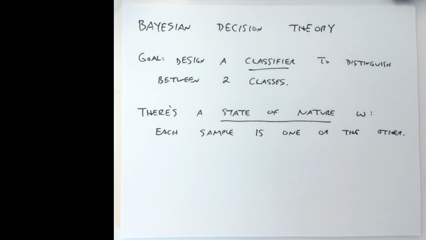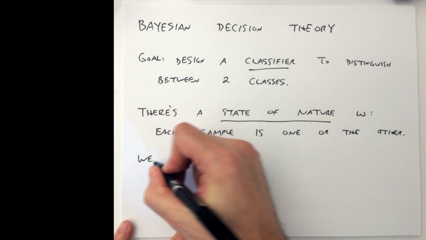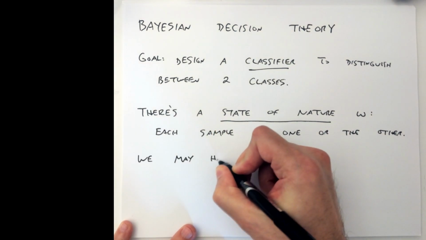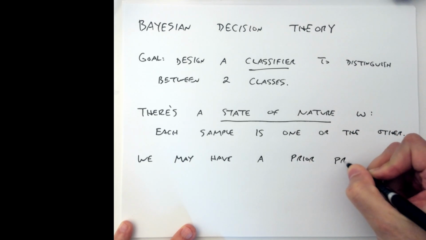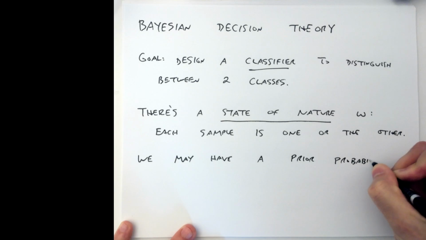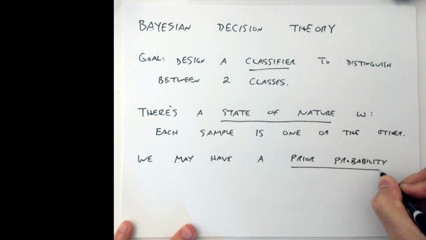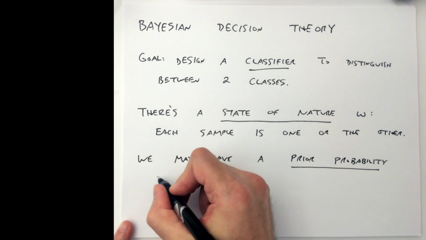So you could imagine that there is a pre-existing probability that the object is in class 1 or class 2, right? So we may have what's called prior probability over the classes.